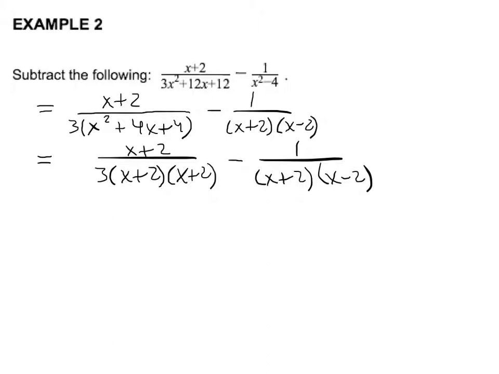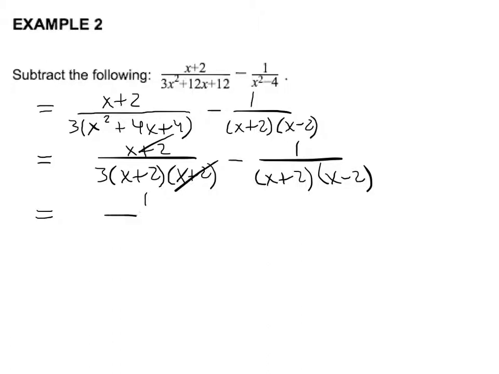Now before we continue, this might actually be a good time to see if there's anything that we can simplify with our two rational expressions before we try to combine them. And indeed, when we look at our first rational expression, we have an x plus 2 and an x plus 2 in our numerator and denominator. So those can cancel.